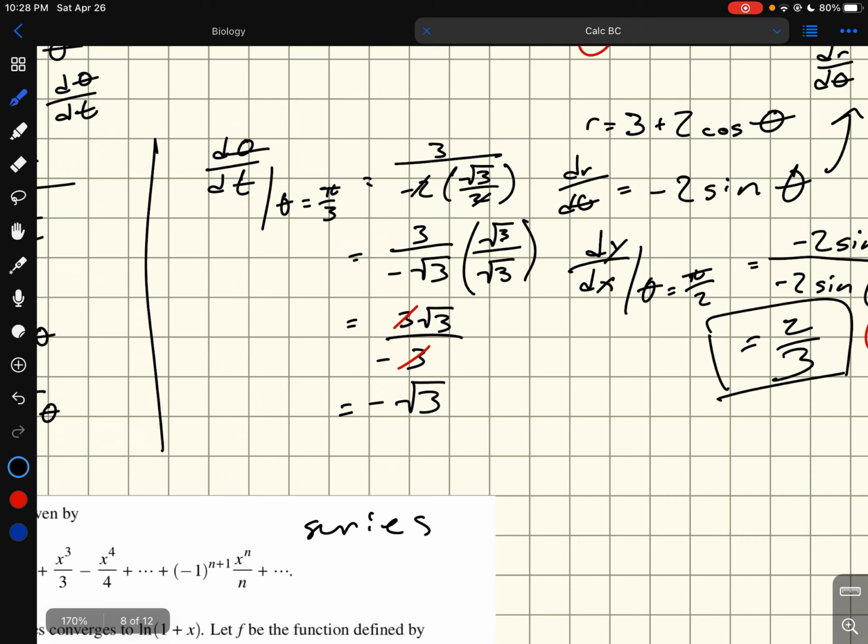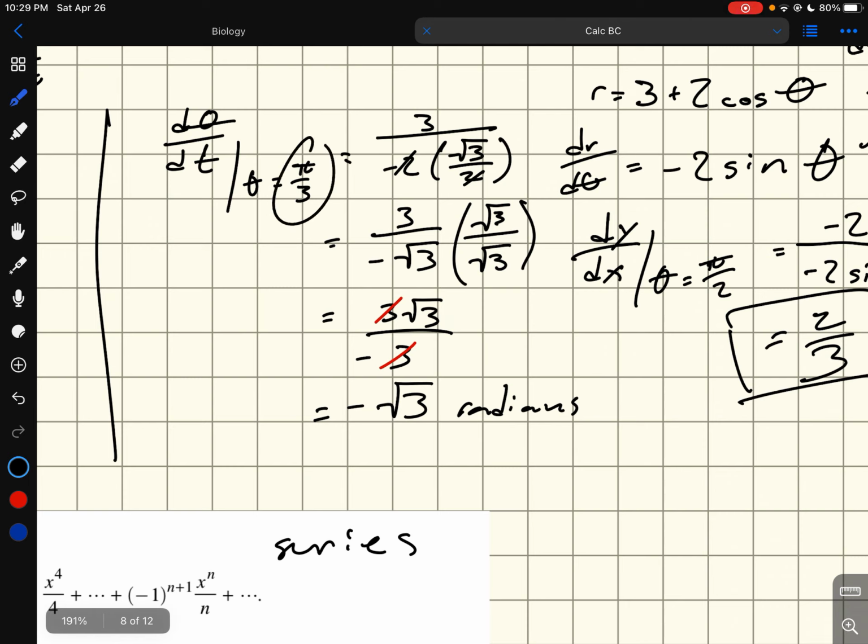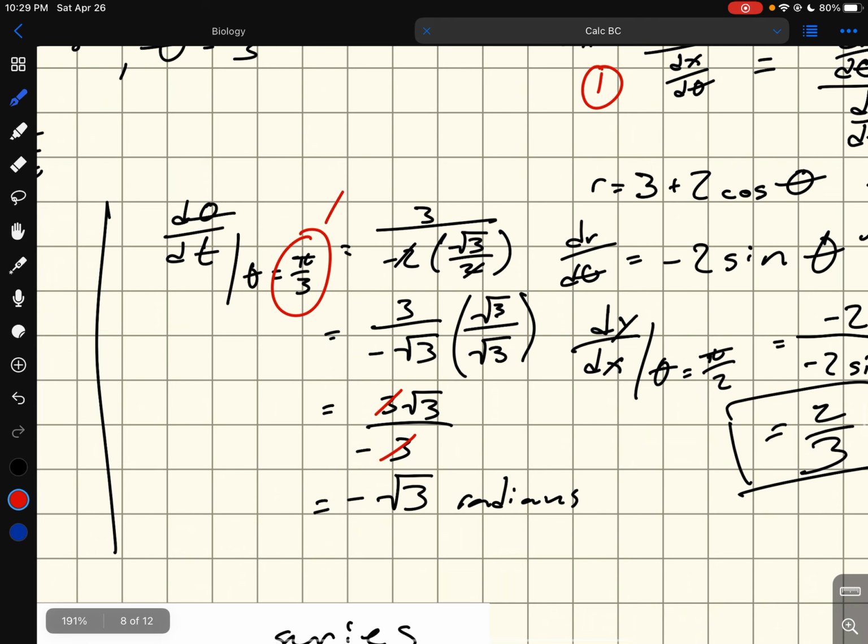And the units are radians, because whenever we work with angles, we work in radians, not degrees. Anything with like a pi over 3 or like a pi over 6, that's all in terms of radians. Degrees would be like calling this 60 degrees, you know.